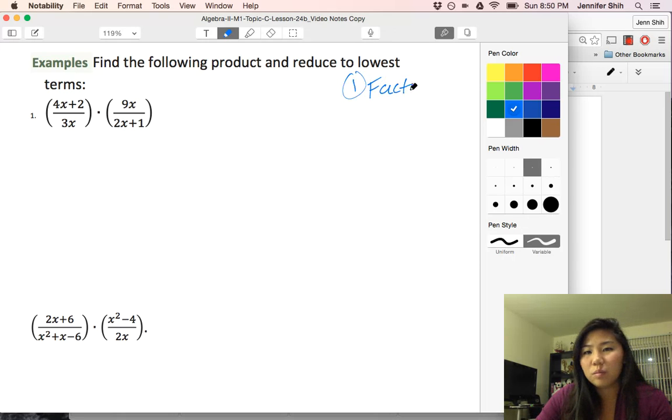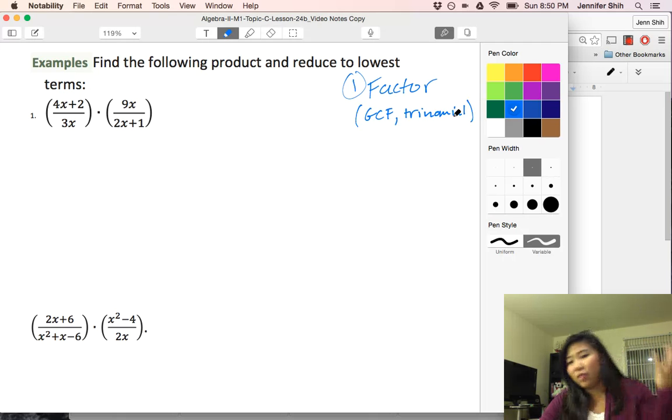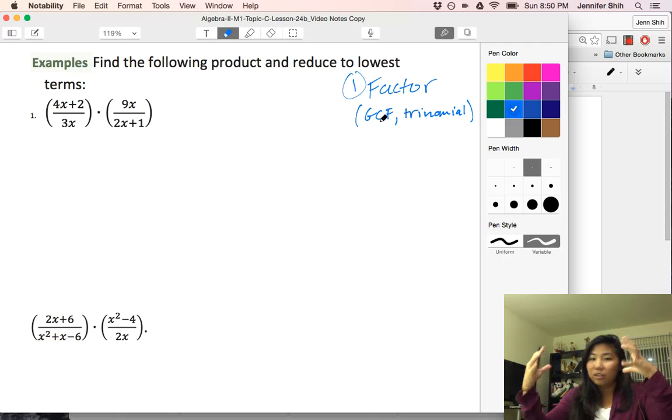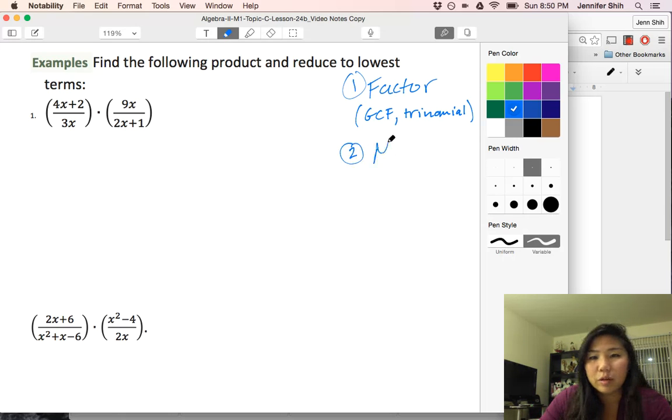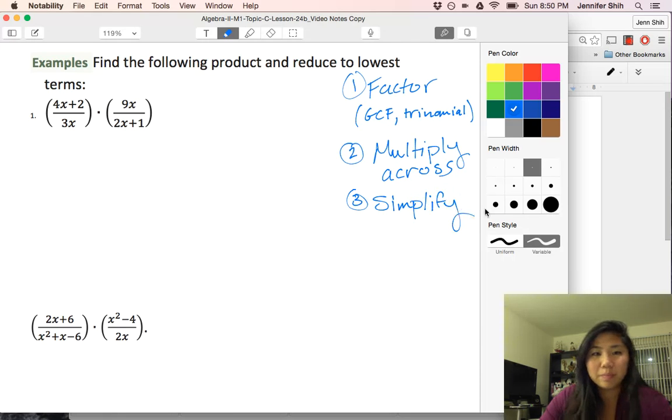Sometimes this is GCF, sometimes this is a trinomial, sometimes maybe this is factor by grouping, but the first step is to try to factor each factor some more, because then we are going to multiply across. If it says multiply, we're going to multiply across, and then we're going to simplify to lowest terms. There you go.